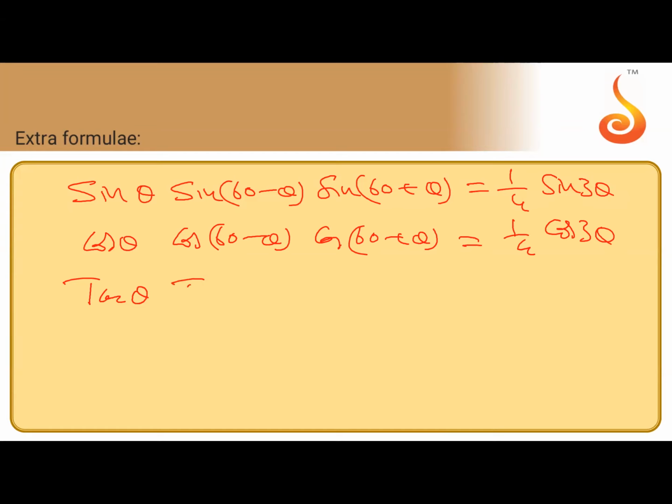And tan theta, tan(60 - theta), tan(60 + theta) is tan 3 theta. If we divide these two, we'll get the next one. These are very useful formulas.